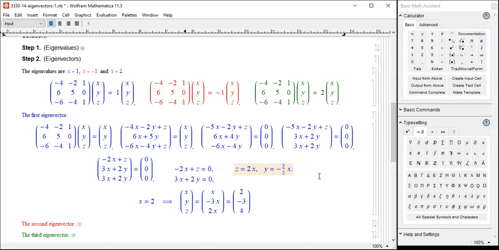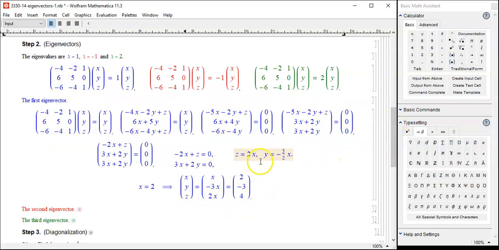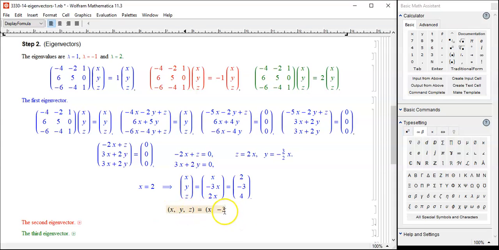All right. So what do you have? XYZ is gonna be x. Let me put one extra step. x and then minus 3/2 x, and then 2x.